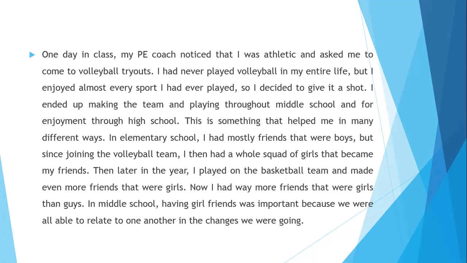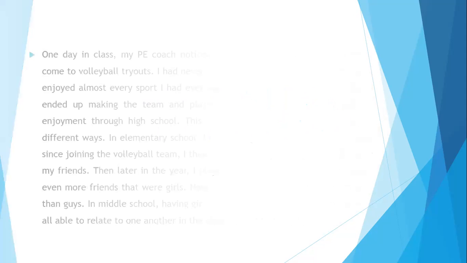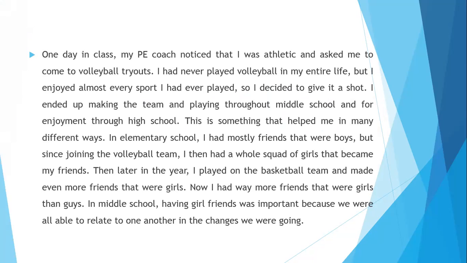So clearly here in the conclusion, this narrator is telling you the end of the story. This teenage girl ended up hanging out with girls, liking to have girls as her friends.